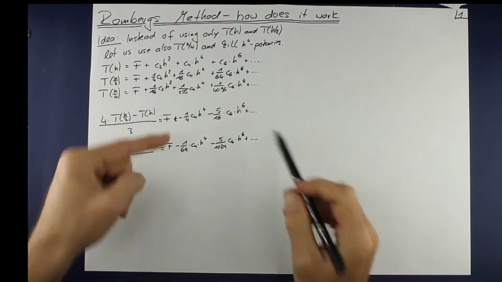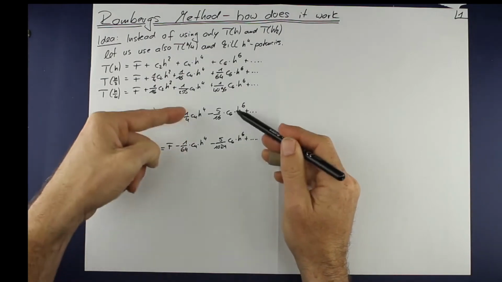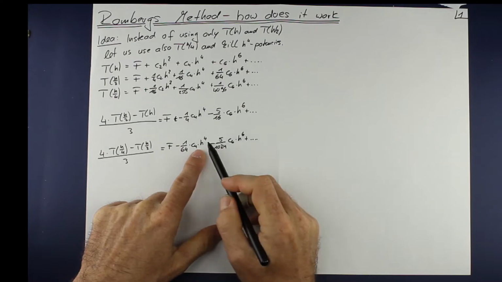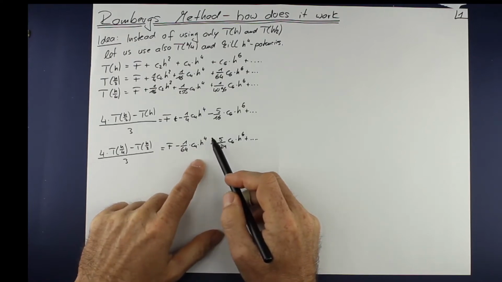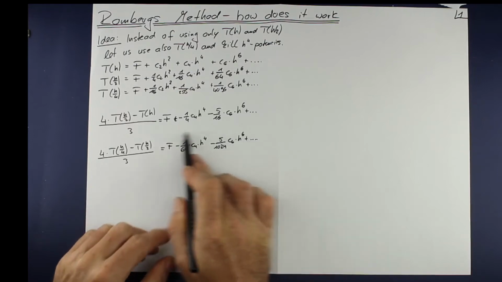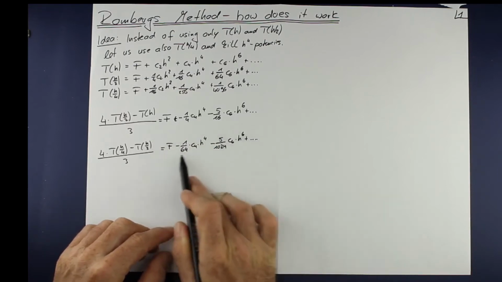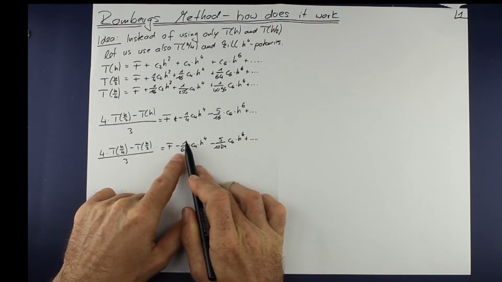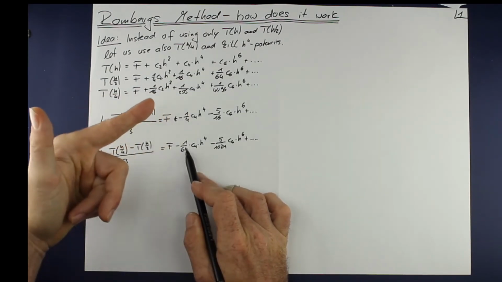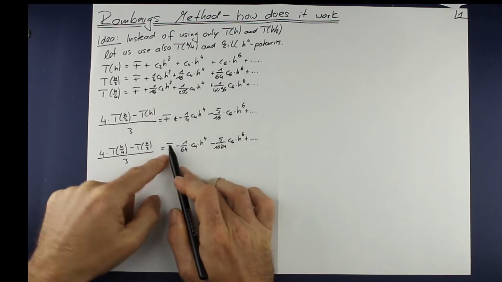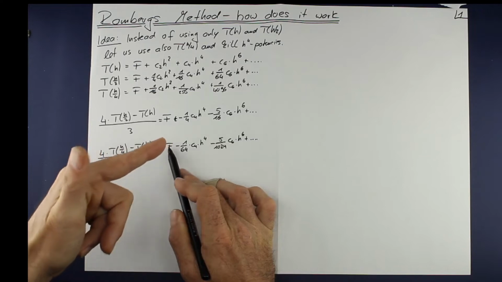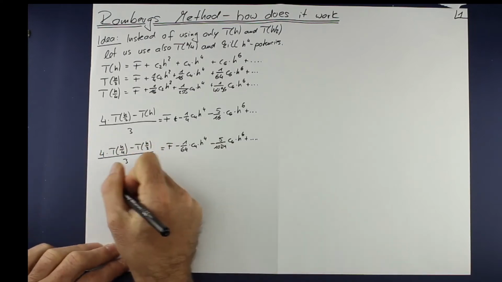And now we want to combine these two to get rid of the h to the power of 4. And what do we have to do? Let's take now 16 times that, then we get minus 1/4, minus that, these cancel. And then to get 1f instead of 15f, we have to divide by 15. So that's what we have to do.